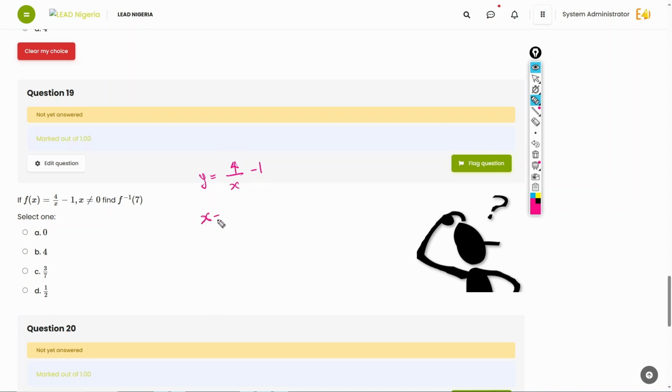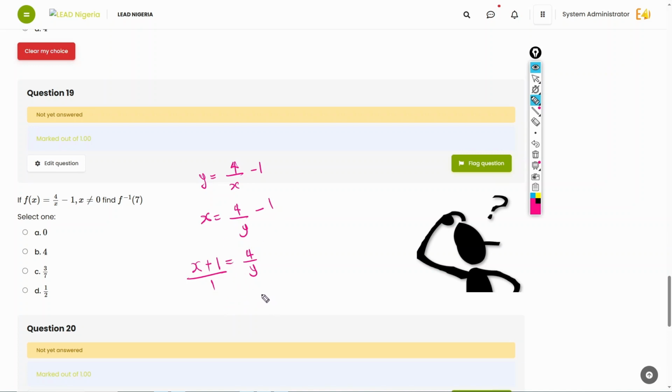So we have x is equal to 4 over y minus 1, right? So we've done the switching. So it's going to become x plus 1 is equal to 4 over y. I can flip both sides, right? You could cross multiply, do whatever, but I could flip both sides of the equation.